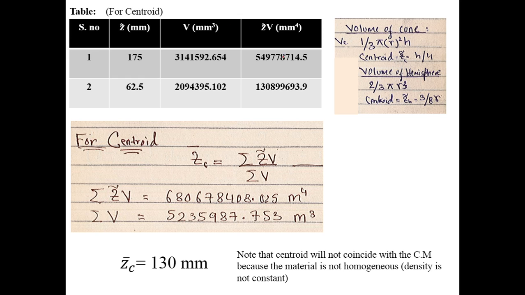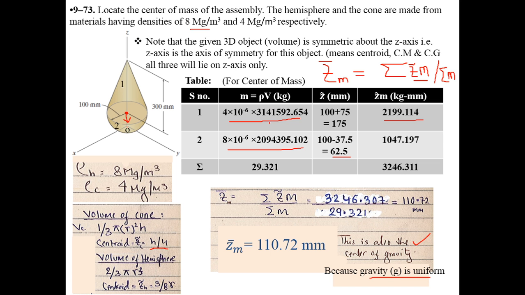So again you have to make a table here. Your volume 1 is still the cone, your volume 2 is still the hemisphere, and you have already calculated the centroid of the cone measured from the origin O, the centroid of the hemisphere measured from the origin, and the volumes you have already calculated in the previous table.